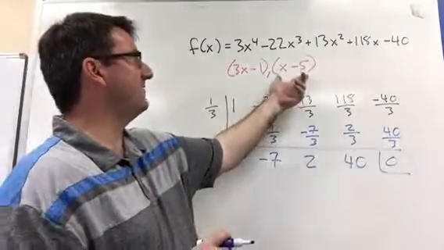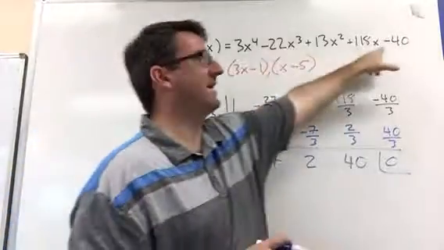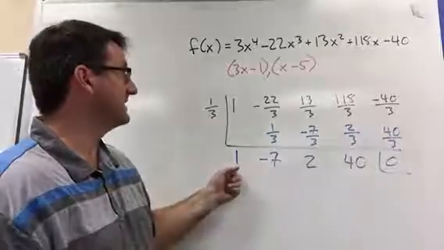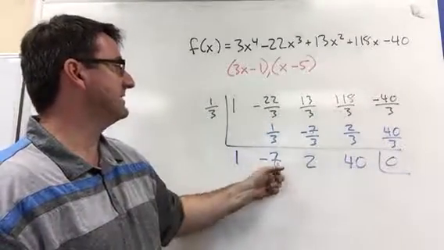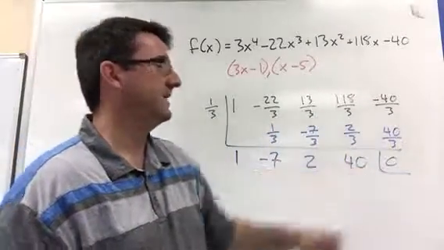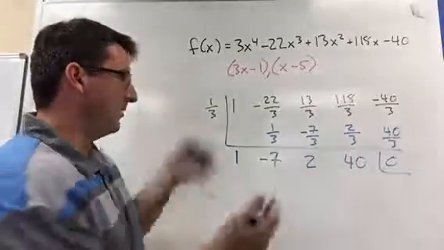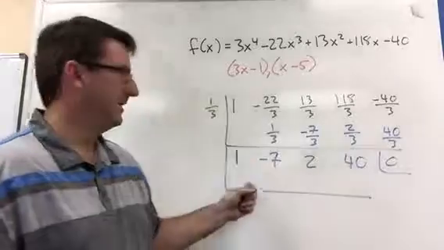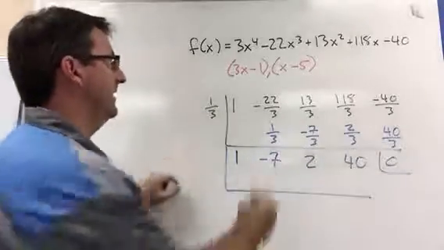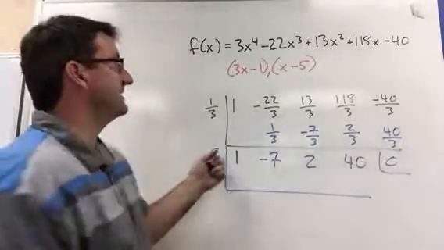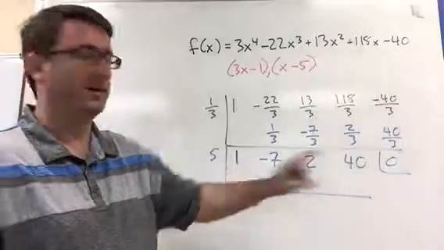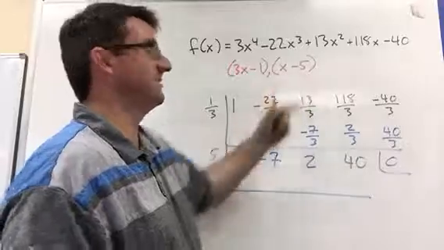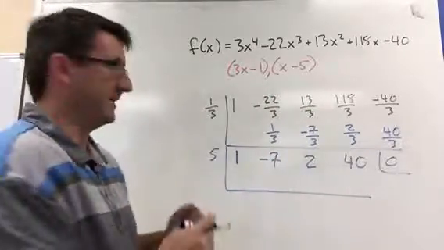And so if x minus 5 is going to be a factor of this, well, it's got to be a factor of x cubed minus 7x squared plus 2x plus 40. So what we can do is just do our synthetic division on this one with the 5. And that's going to really help us in the end, because now we know that this is a factor. If this is a factor, we've almost got this whole thing factored.